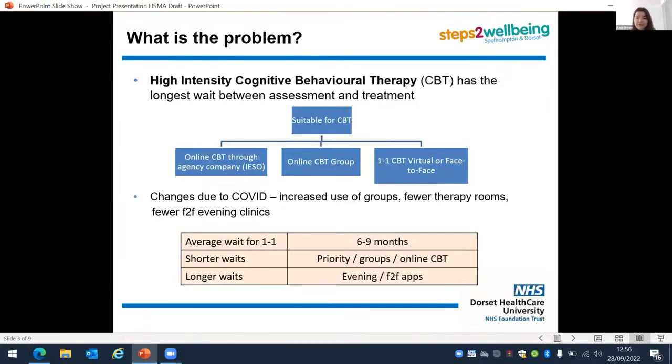Again, just to briefly explain what would happen if they are going forward for high intensity cognitive behavioural therapy, they would either be sent through to an agency to access online typed CBT, or the therapists within our service would offer either an online group that they would attend, or there's one-to-one CBT, and that's available virtually or face-to-face.